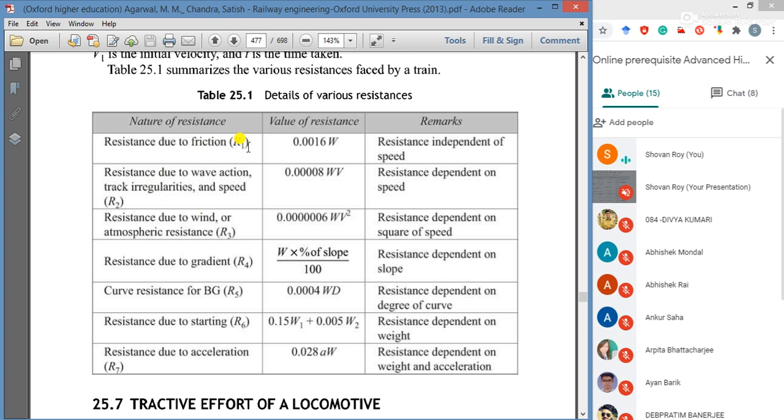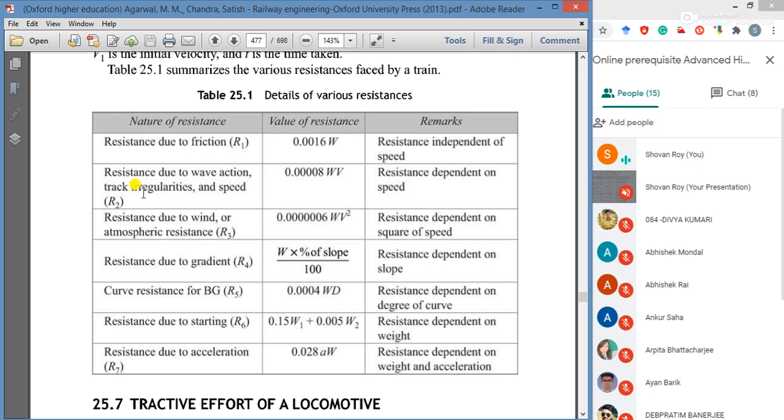However, as I have already said, R1, R2 and R3 apply in normal conditions, where no gradient, no curve, no starting, no acceleration or deceleration is there.